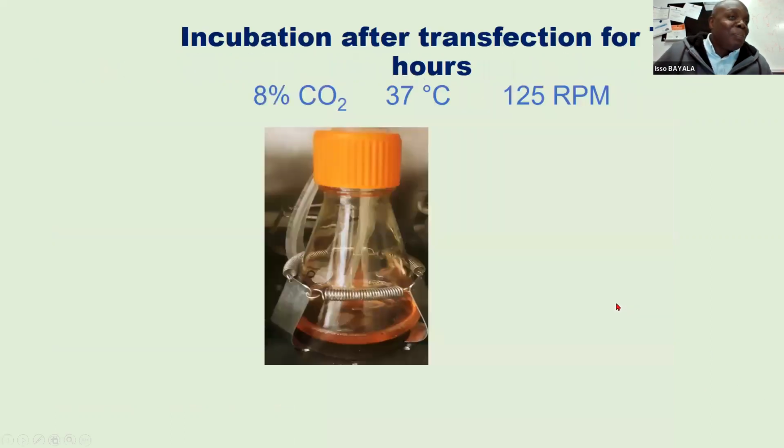So this is the transfected cell culture. Then we wait for 72 hours, about 3 days. If it's successful, the cells will be transfected, so they're going to incorporate the virus. The virus is going to infect most of the cells.